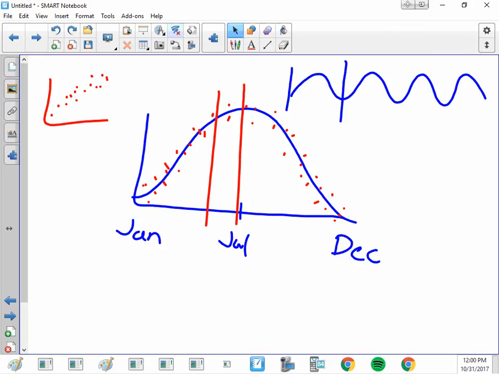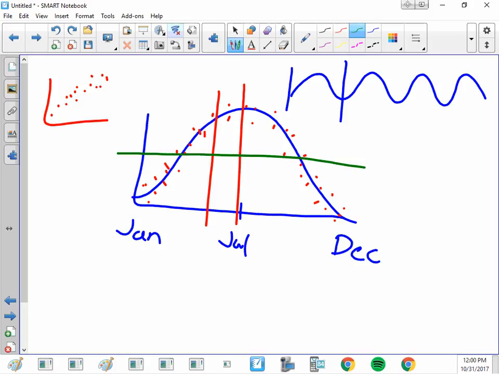And if we were to draw a line, it would look like this. Is that line very predictive? No. Now you could do a sine wave correlation, but we don't do that in this class. Yeah, June is definitely going to have a higher correlation. But the correlation in the other one is totally worthless.